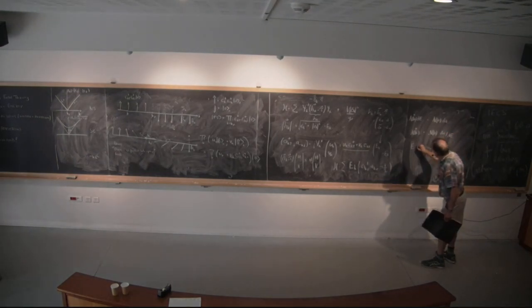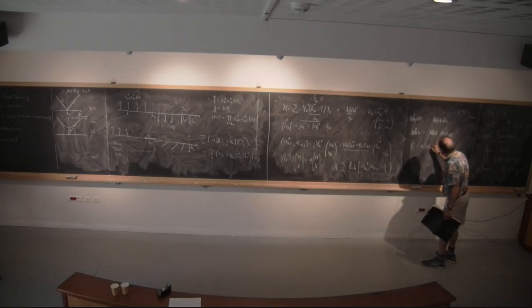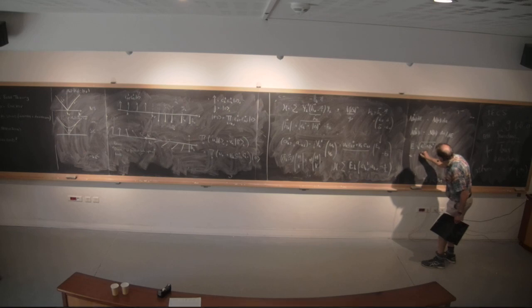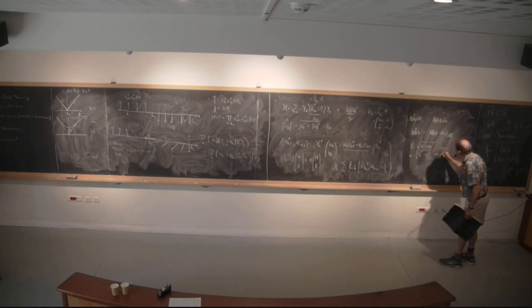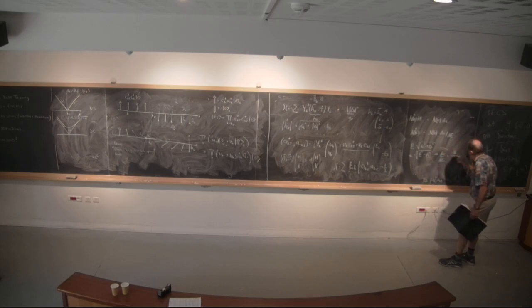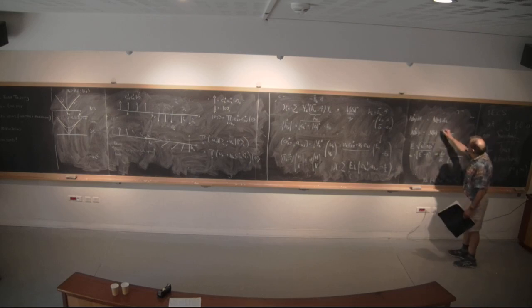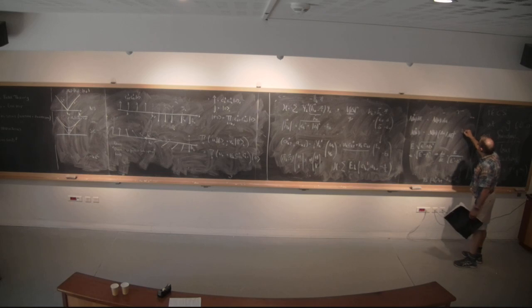But E is √(ε² + Δ²), and therefore little ε, the original kinetic energy, is √(E² − Δ²), and therefore dε/dE is E divided by √(E² − Δ²). This then gives us the density of states of the superconductor, which is E over the square root of E squared minus Δ squared.